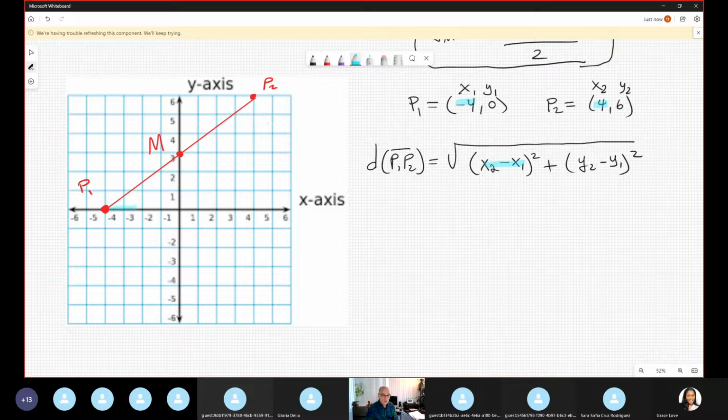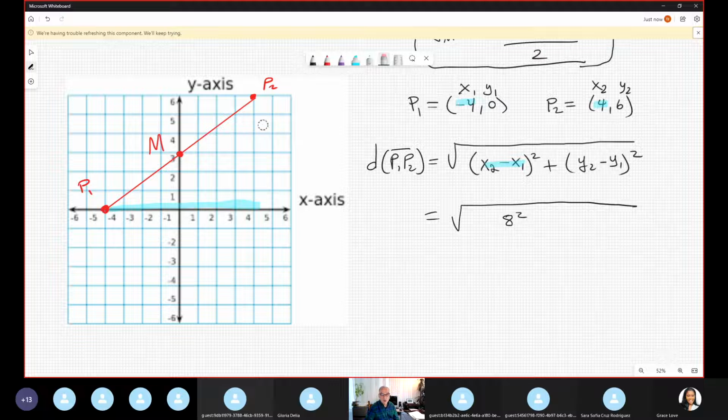Look, it's this segment. Between -4 and +4, it doesn't matter the direction. So you subtract 4 minus -4, which is 8. Basically it's 8 units. So here we have 8 squared.